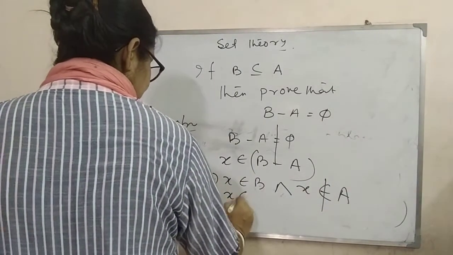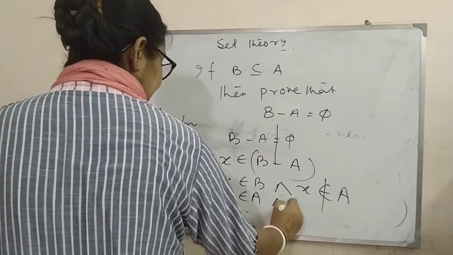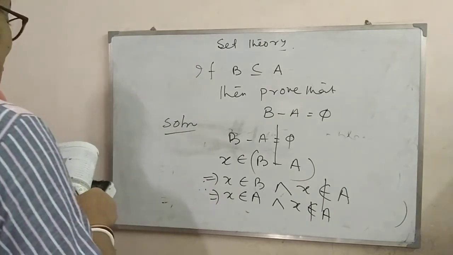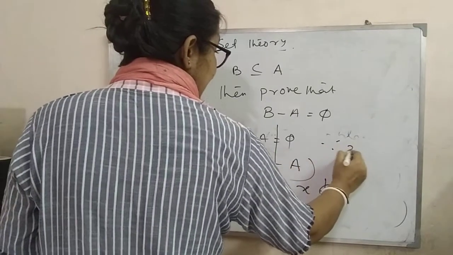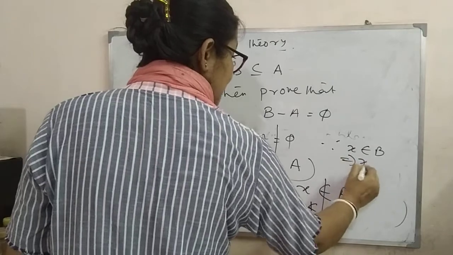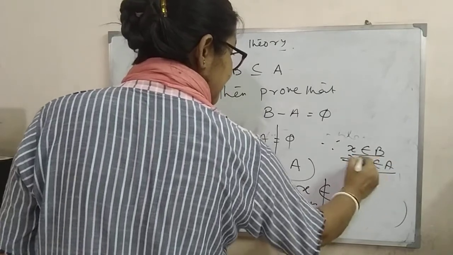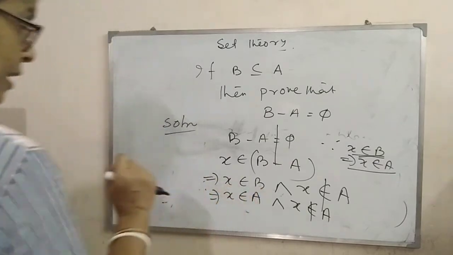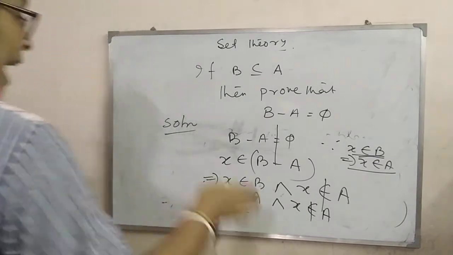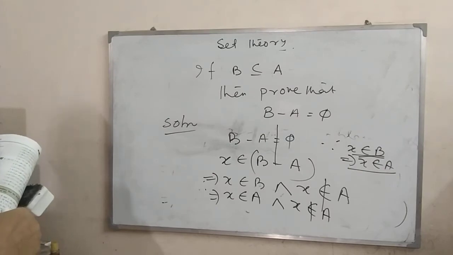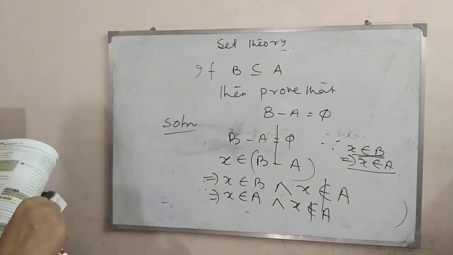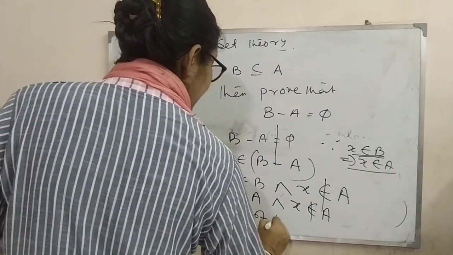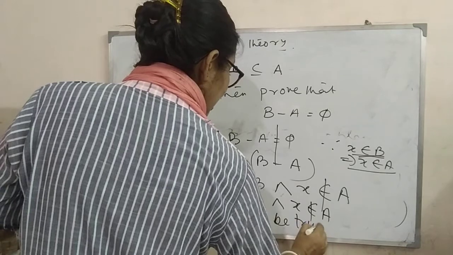That means X belongs to A and X not belongs to A, since X belongs to B implies X belongs to A. By the statement this cannot be true.